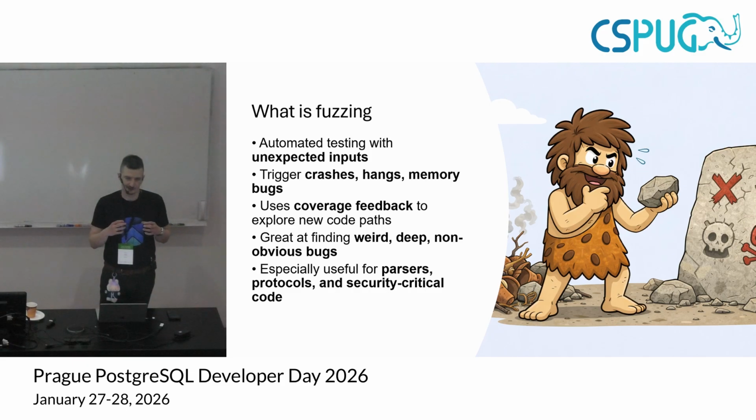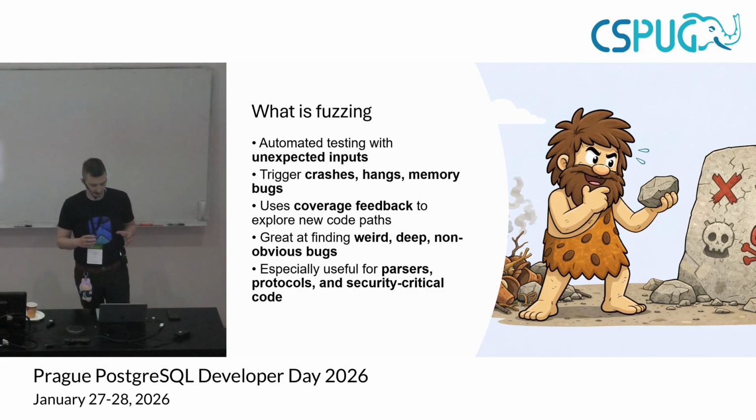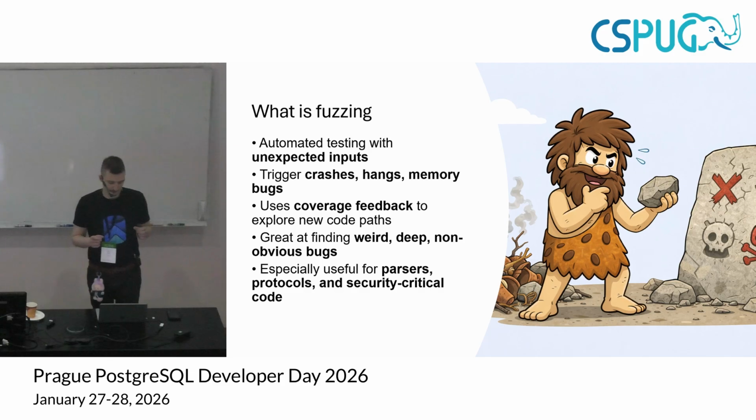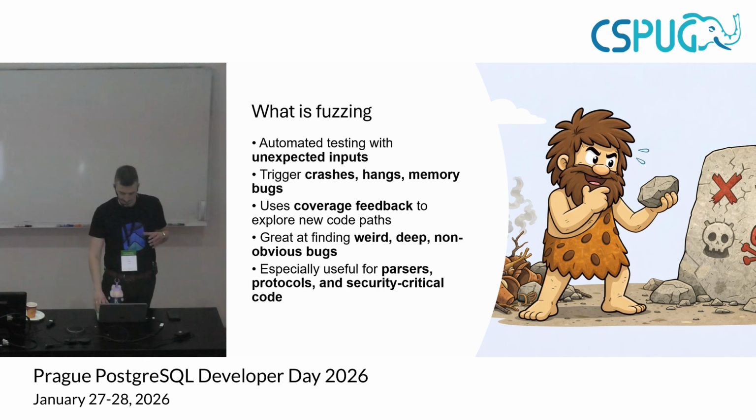It's great at finding weird, deep, non-obvious bugs. So weird interactions that are very hard to predict. And some of the great targets for that are parsers, protocols, and any security critical code. Essentially, any form of external, untrusted input that's being processed by your system is a great target for fuzzing.